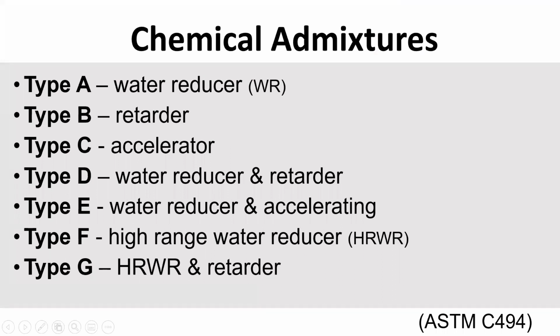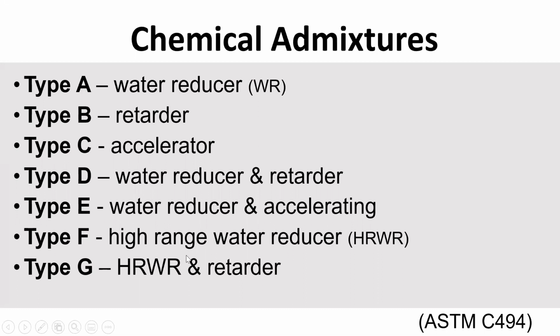Again, for ASTM C494, chemical admixtures, there are a variety of different types. There's even a type S that I don't know why I left off, but it's down here also. So type A, type D, type E, F, and G are all water reducers.